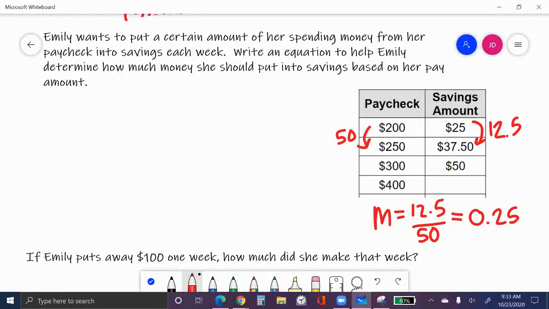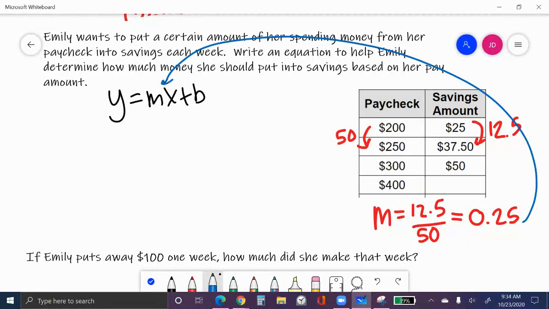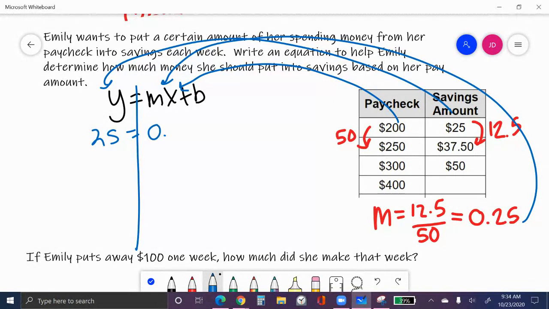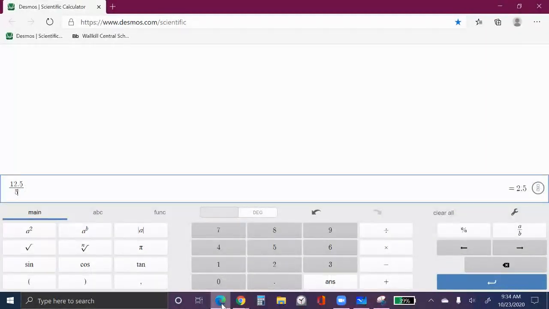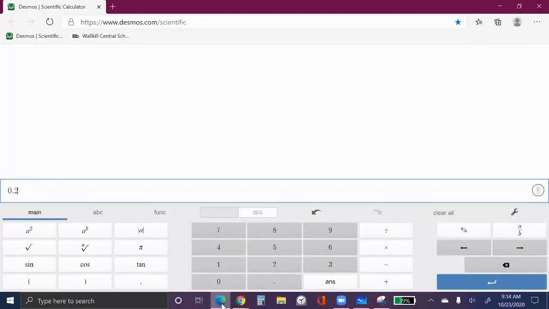All right, now I got to find my b. So I make my equation, y equals mx plus b. I plug in my slope. I plug in a point. 200 goes in for x. 25 goes in for y. So we have 25 equals 0.25 times 200 plus b. 0.25 times 200 is 50.